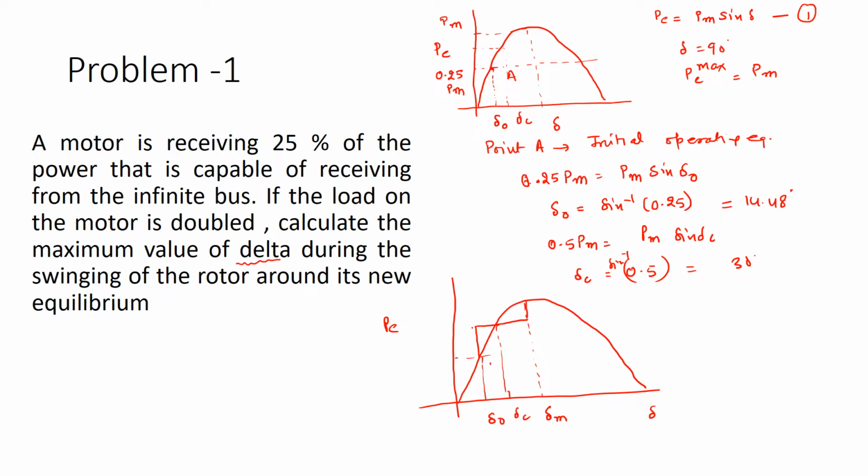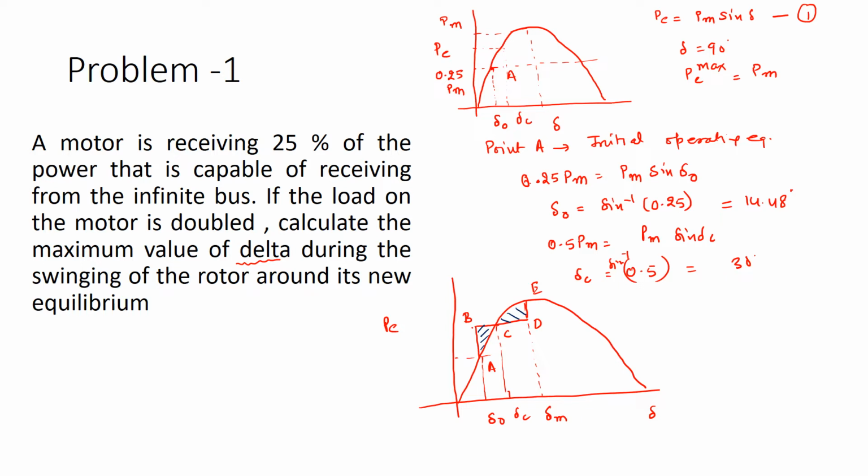So what we have over here: this is A, this is B, this is C, this is D, and this is E. As we know, as per the equal area criteria, the energy gained by area ABC will be equal to the area BDE, and all these points indicate the stable region.